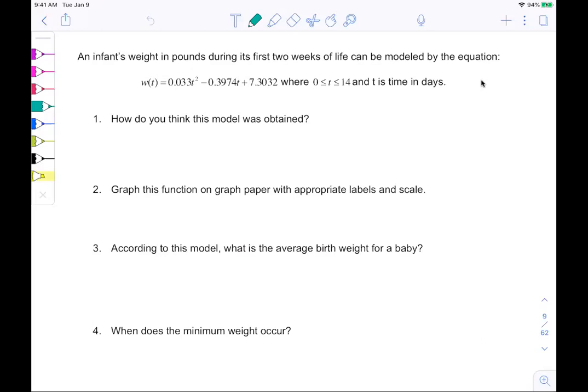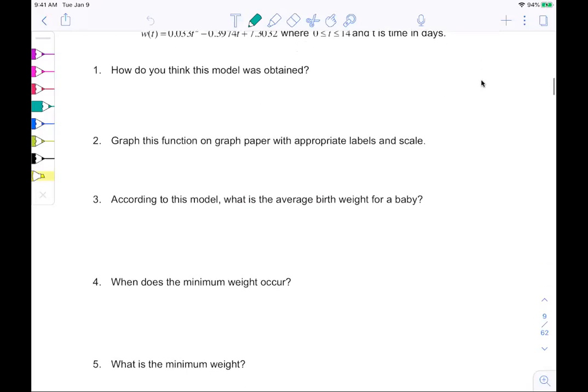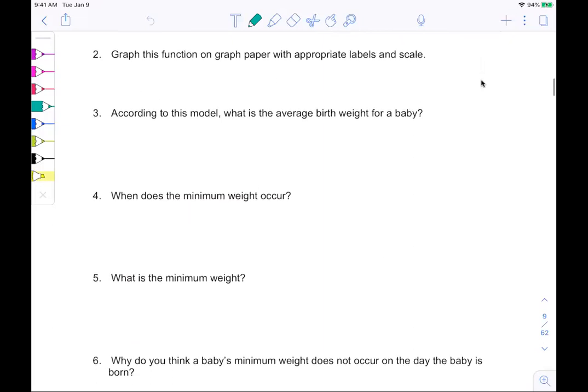Number 3 says, what was the average birth weight? Number 4 says, when does the minimum occur? So look at the graph after you have it graphed and see if you can think about when that minimum occurs. And number 5 says, what is the minimum weight? You can use a calculator to answer those questions to help you, but you must have work.